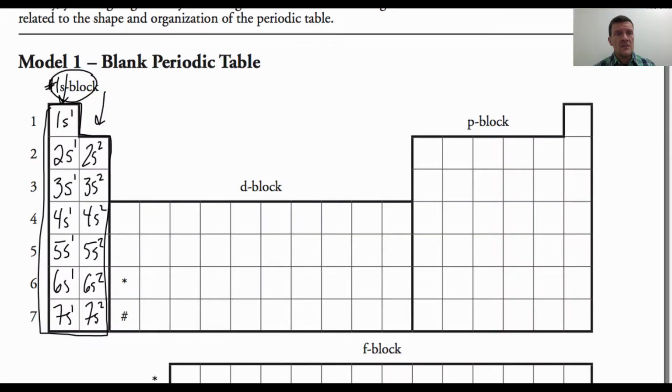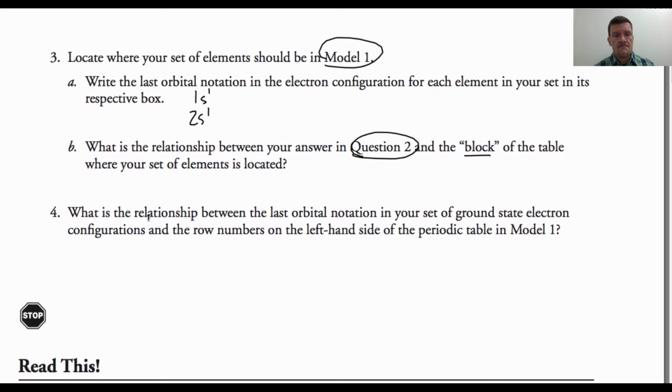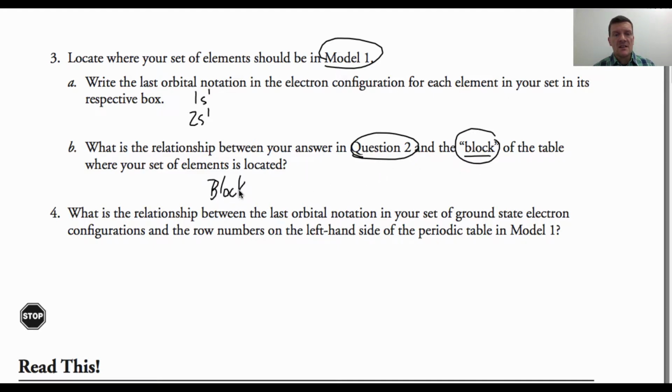So if we go now and look at the block, the block tells us the ending of the configuration. It tells us where the valence electrons are located.